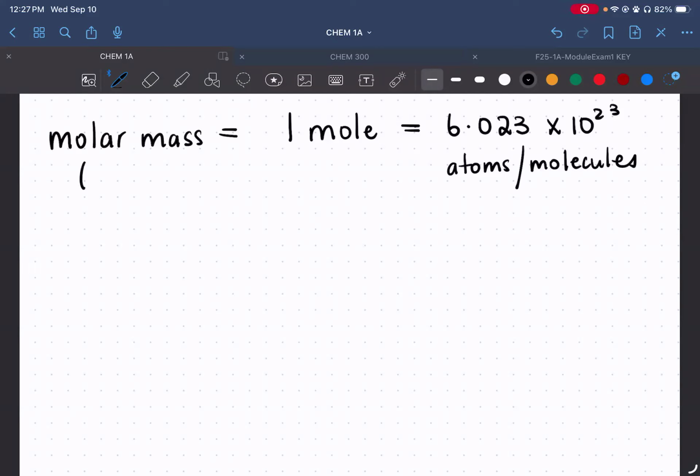And molar mass will traditionally be grams divided by moles, grams over moles. In this case, that line is a division, not an or.